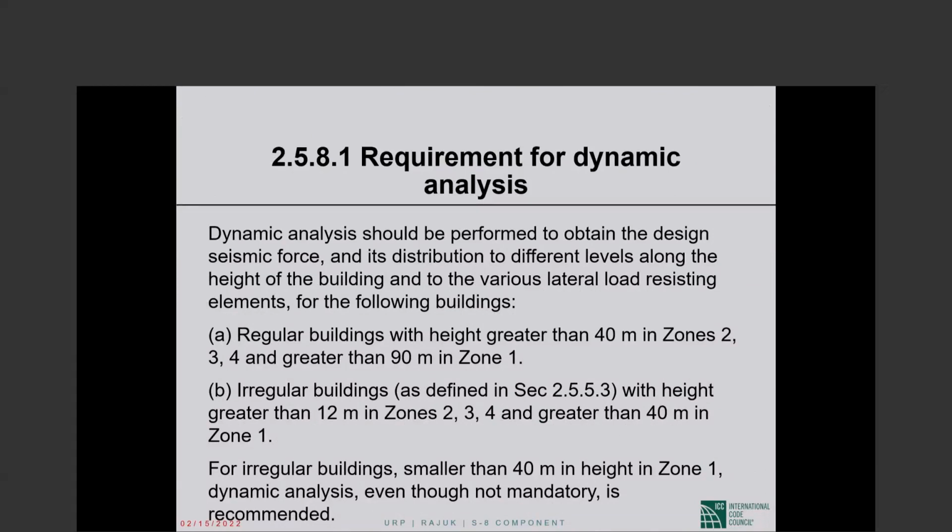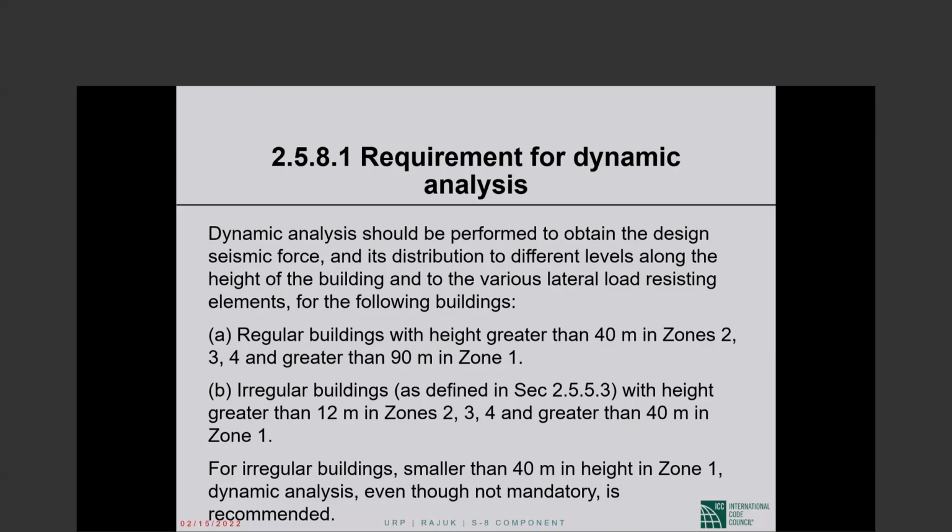Dynamic analysis should be performed to obtain the design seismic force and its distribution to different levels along the height of the building, and the various lateral load resisting elements for the following buildings. So dynamic analysis should be used for the following buildings: regular buildings with height greater than 40 meters in zones 2, 3, and 4, and greater than 90 meters in zone 1.